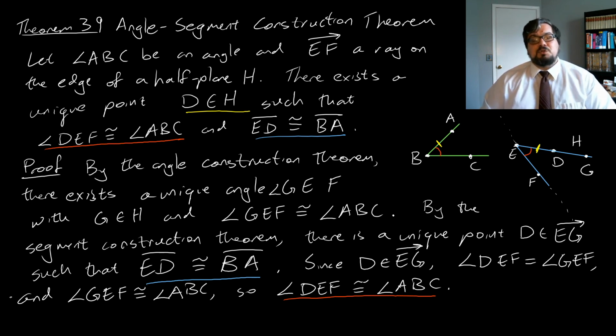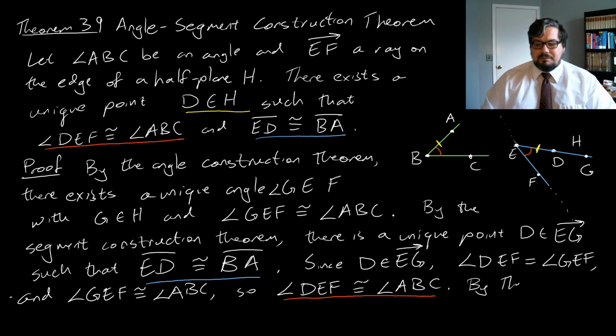But that's theorem 24 from last time, where if you've got some ray where the vertex lies on a line, then all elements of that ray other than the vertex lie in the same half plane.